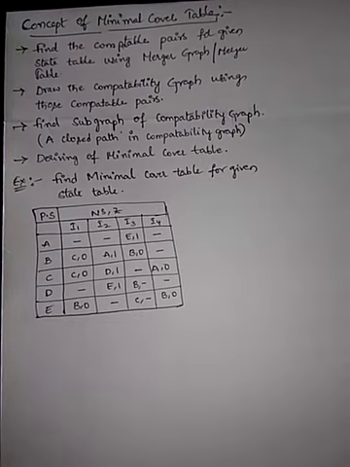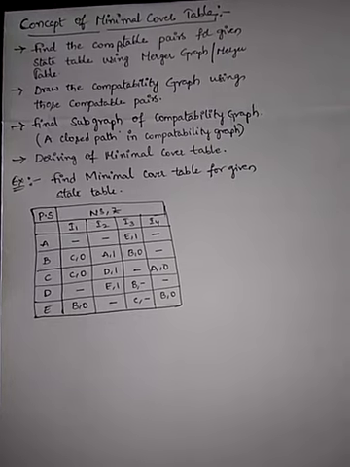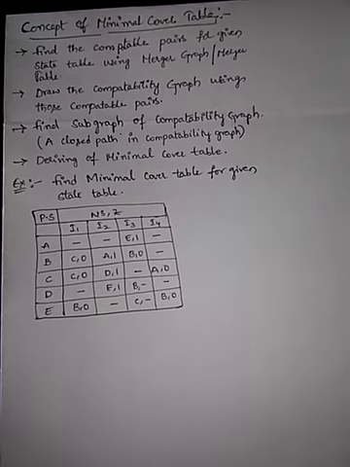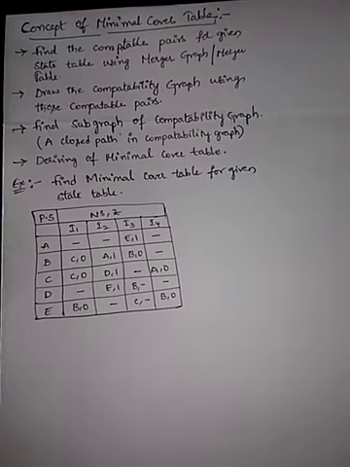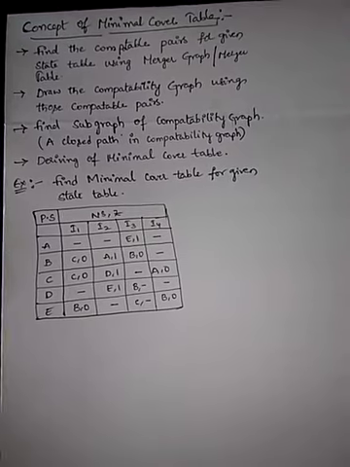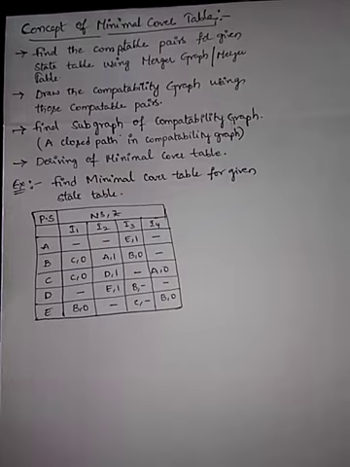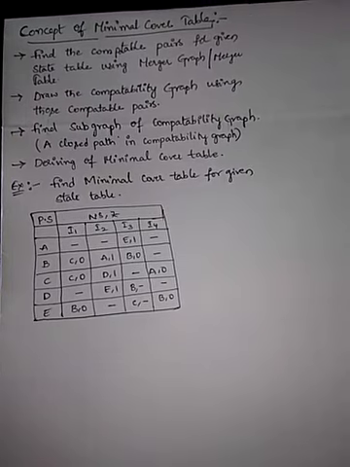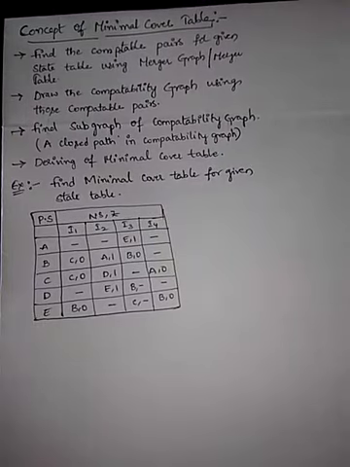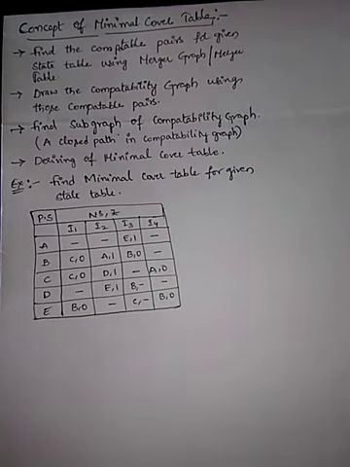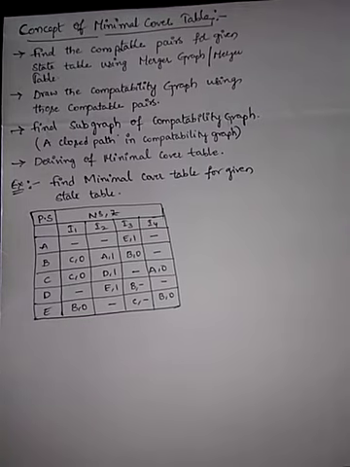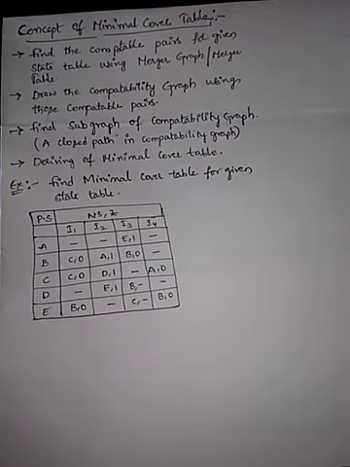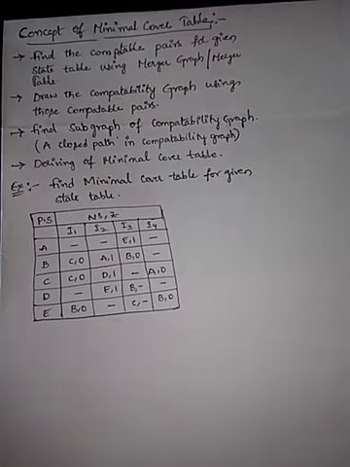That means you will find a closed path which covers some vertices. That closed path you need to find, and you need to note down all the vertices it covers. Suppose it is a triangle, you will have 3 vertices and you need to note down the 3 compatible pairs. Suppose it is a square, it covers 4 compatible pairs and you need to note them down.